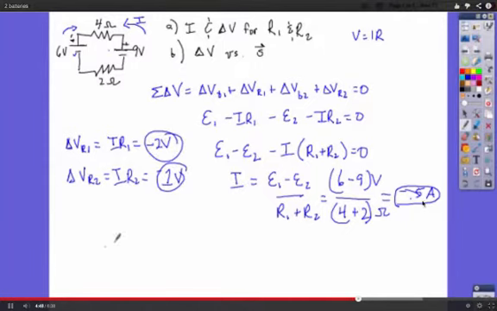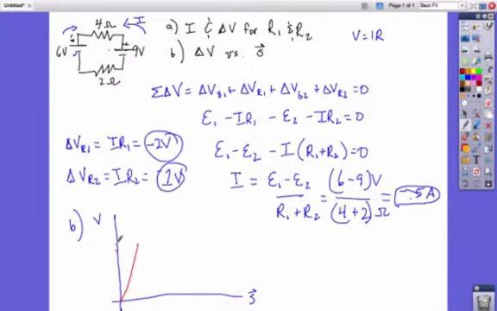I misspoke there. The reason this is negative 2 volts is because whenever you go across a resistor, your potential drops. Now, I've reset the current in this direction. If we were being absolutely consistent, this should actually be a gain across this, and this one should also be a gain, but that's just to be consistent with the negatives.